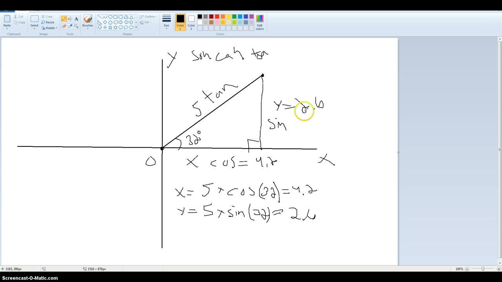So now we have the lengths of these sides and the coordinates. This point here will be 4.2, and this point here will be 2.6. So that was all. I'm out of time, so thanks for watching. Bye.